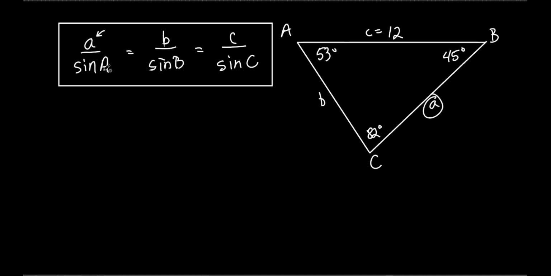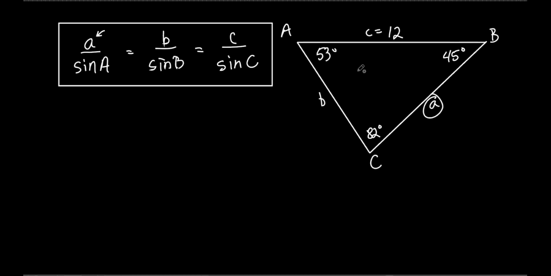Do we know angle A? Sure we do. It's right here. It's 53. So we know that. Now, we don't want to pick something where we have another unknown, because I only have one unknown, which is A. So what other angle and side am I going to pick? It's the angle-side combination of C, because I know side C and I know angle C. Everybody with me on that?